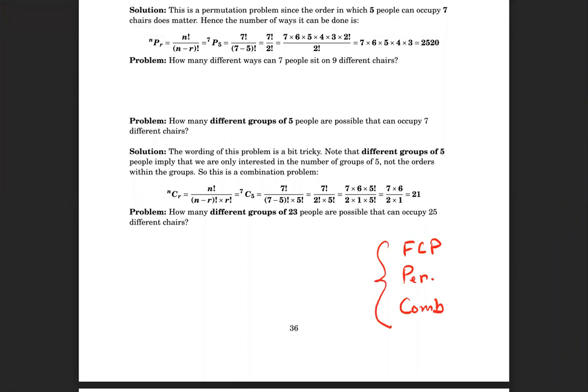We have done plenty of examples. And in the first third of the class, we talked about Bayes' theorem. So Bayes' theorem, fundamental counting principle, permutation, and combination. That should be all for the day.